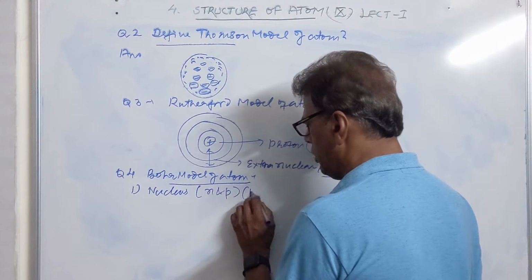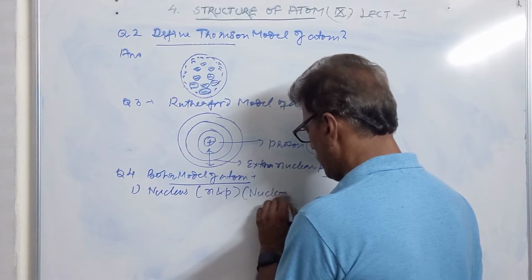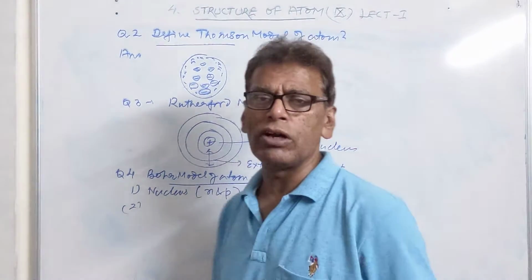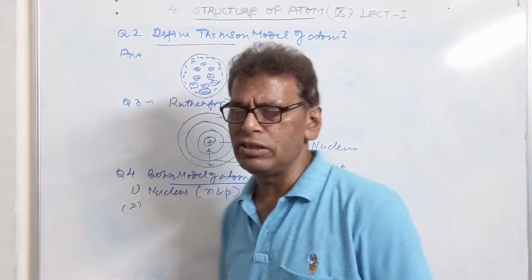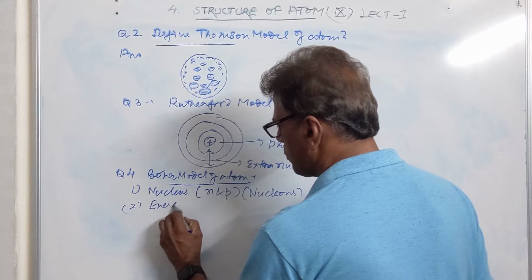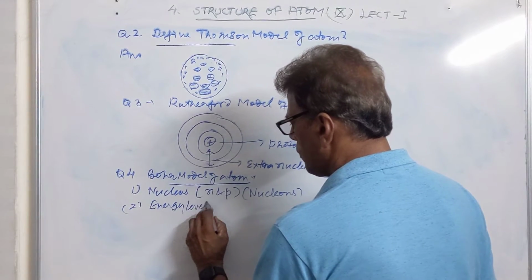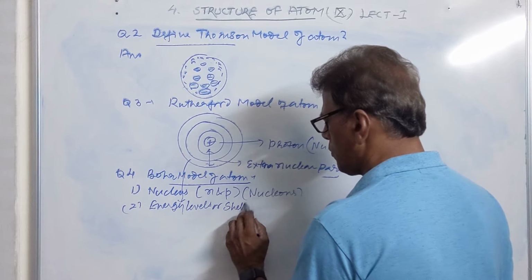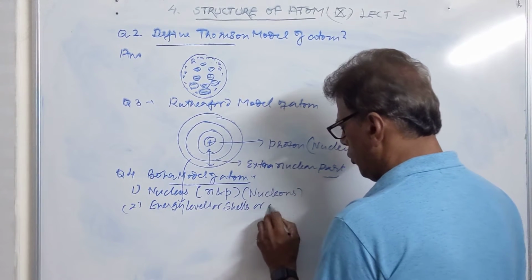They were collectively known as nucleons. Then he gave the second postulate: there are a large number of circular paths around the nucleus where electrons revolve. These paths are called energy levels, or shells, or orbits.